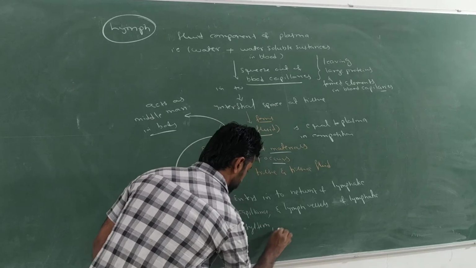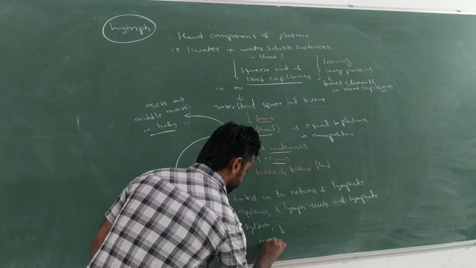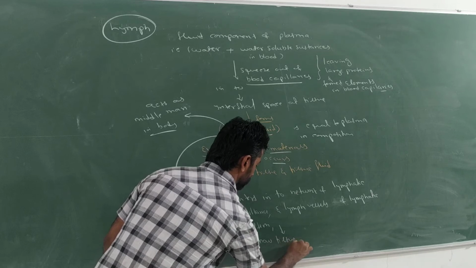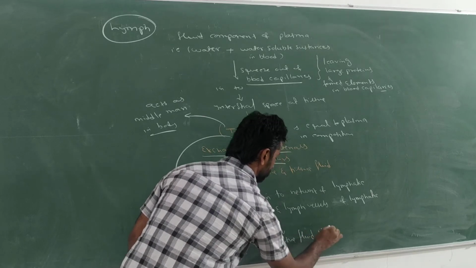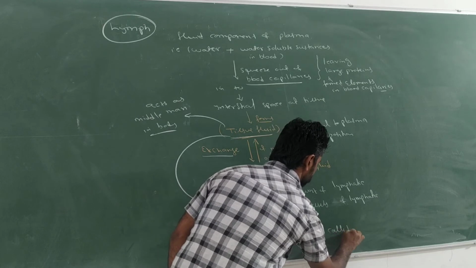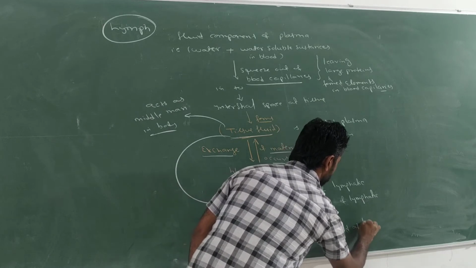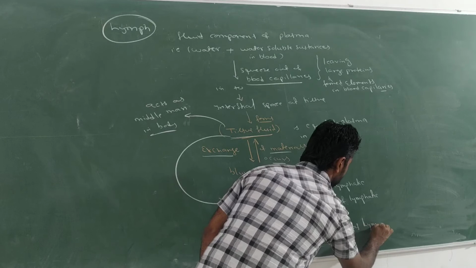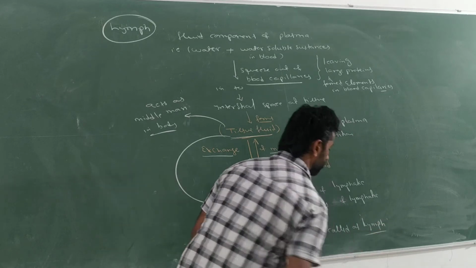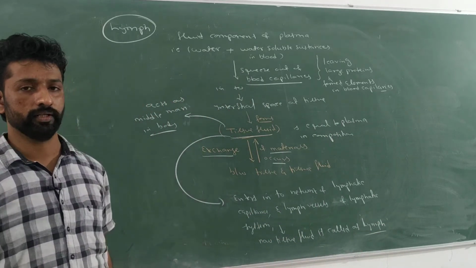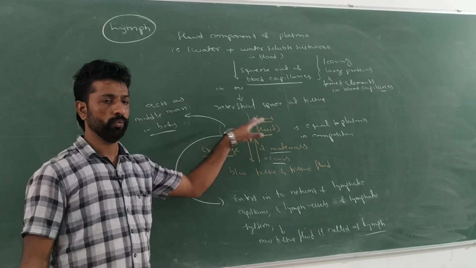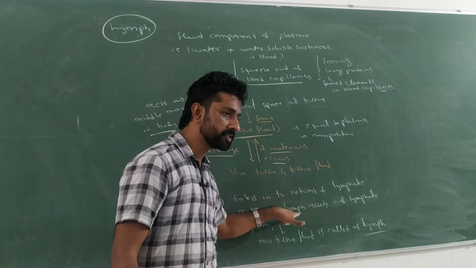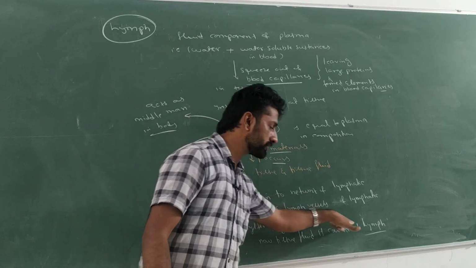Now tissue fluid is called as lymph. Only after entry into the lymphatic capillaries, the tissue fluid is called as lymph. Before that, it was present as only the tissue fluid. When it enters into the lymph capillaries of the lymphatic system, now it is called as lymph.